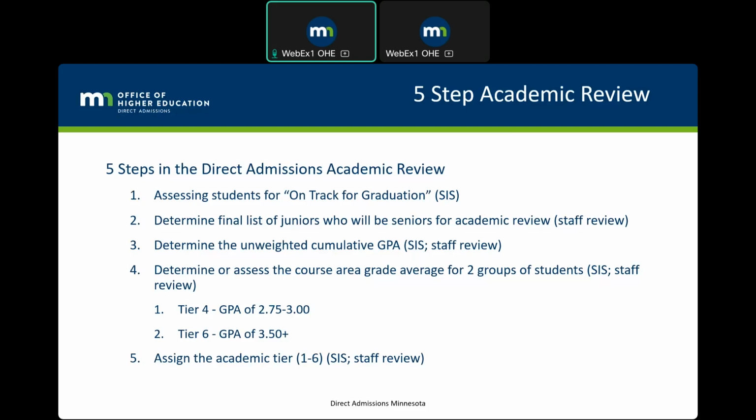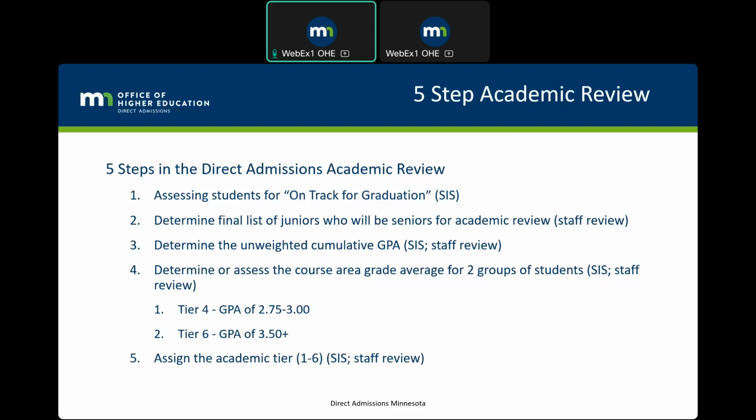The third step is to determine the unweighted cumulative GPA for your students participating in the program. This is also done for both Infinite Campus and JMC via the SIS system. And also we do ask that staff reviews it for any errors, although we just ask for a quick visual review.